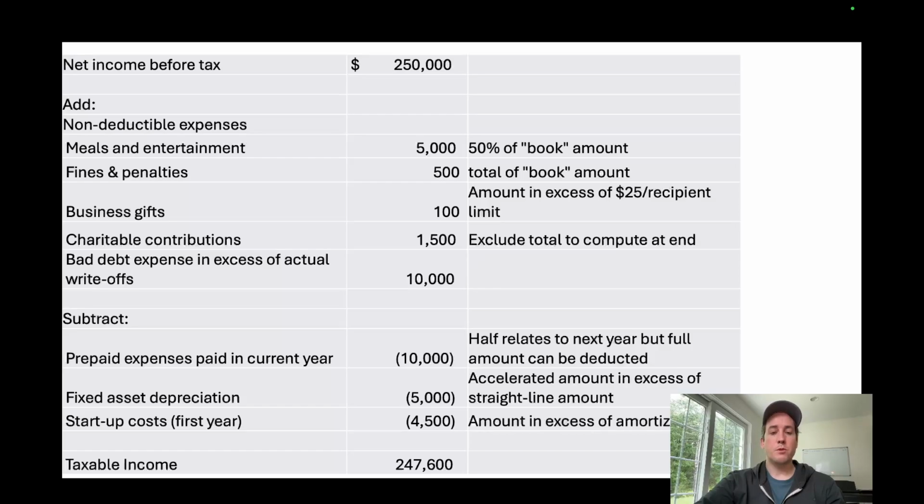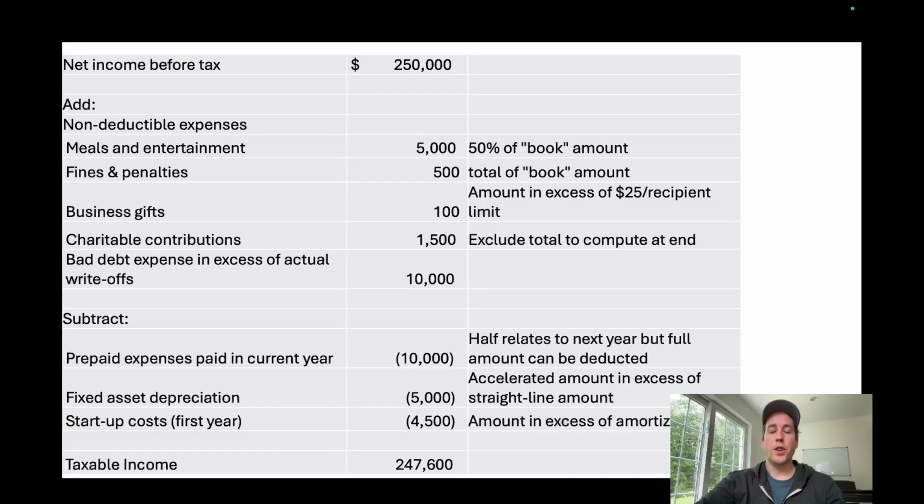And then you're going to subtract, and these are the beneficial items because they are reducing your taxable income. And that would be prepaid expenses paid in the current year. So like the example I provided earlier with your insurance premium, $10,000 would be half that insurance premium that relates to the next year's insured period.